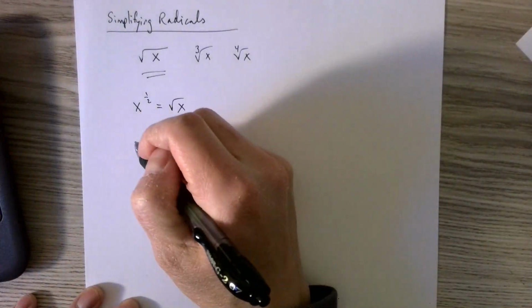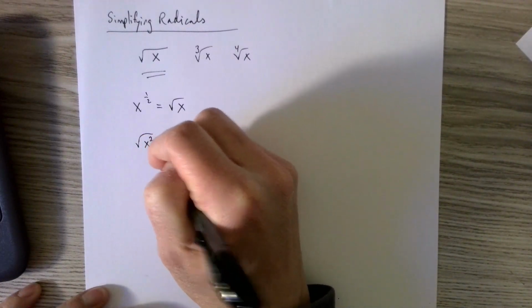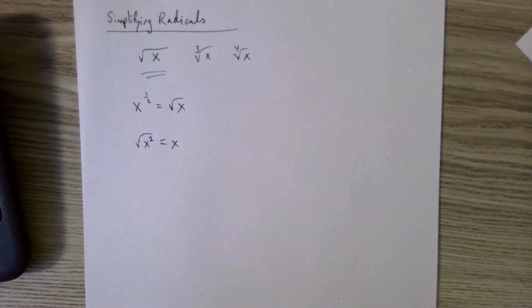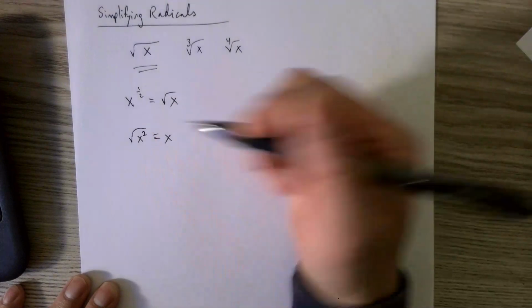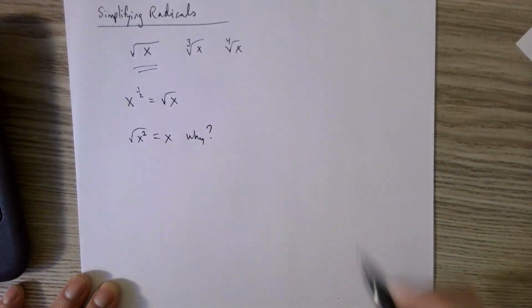So first of all, we're going to start with this basic fact that square root of x squared equals x. And that may seem like common sense to you, but there is a reason. So why is that true?